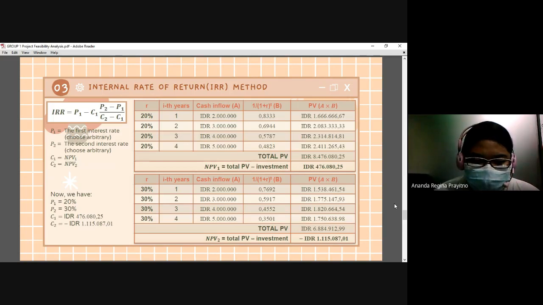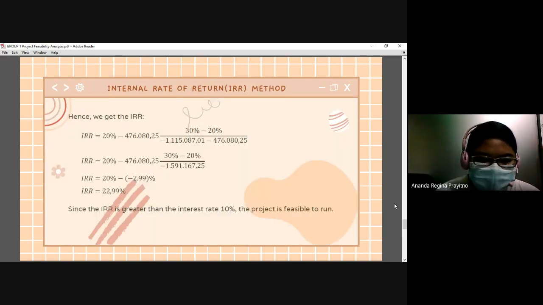Then, this is the calculation for the IRR. We get the IRR of 22.99%. Since the IRR is greater than the interest rate of 10%, the project is feasible to run.